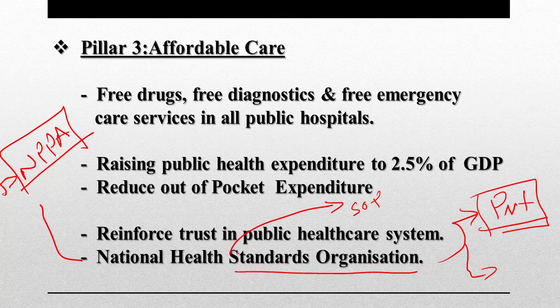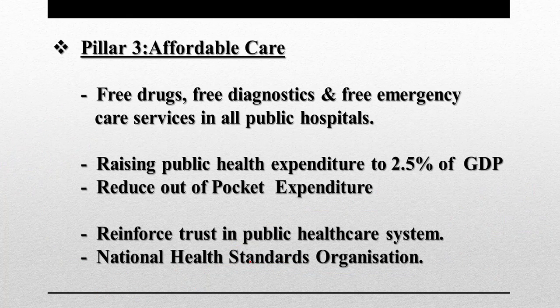This is the way they are going to ensure affordable care, so that in one corner of the country, in one village, the health services being provided by a doctor are not charged exorbitantly. This is the objective of this standards organization.